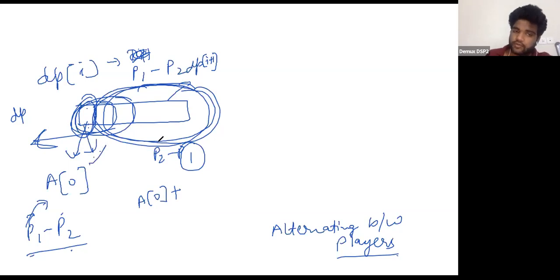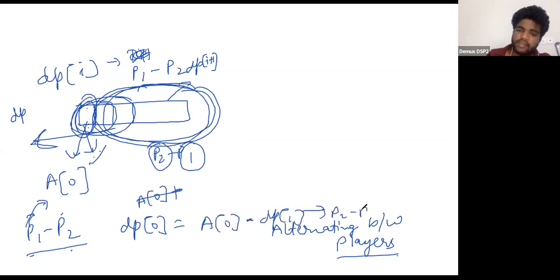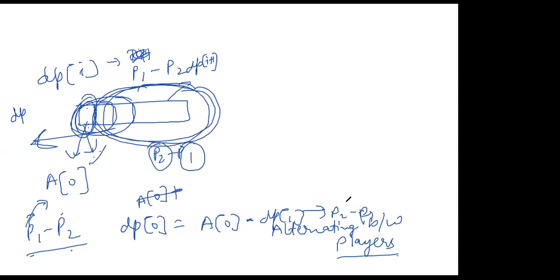And the other person's score will be this in all. So dp of 0 will be A0 minus dp of 1. Because dp of 1 will give you P2 minus P1. Okay. Does that make sense?